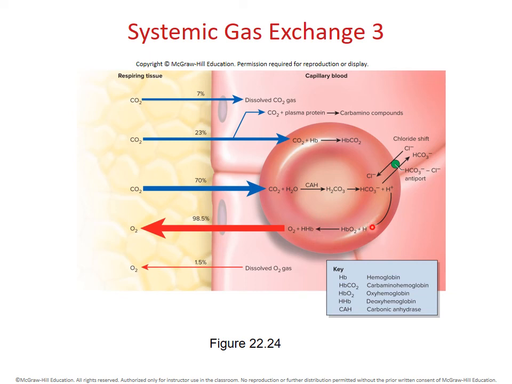Well, it picks up these hydrogen ions so they don't continue to build up and cause extreme pHs that damage the cell. And the deoxyhemoglobin becomes the so-called HHb, right? Deoxyhemoglobin or reduced hemoglobin. Again, that serves as the internal buffer. So this is a very nice diagram that illustrates everything we've been talking about.